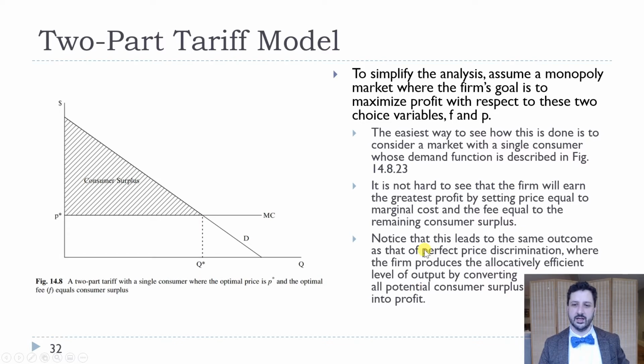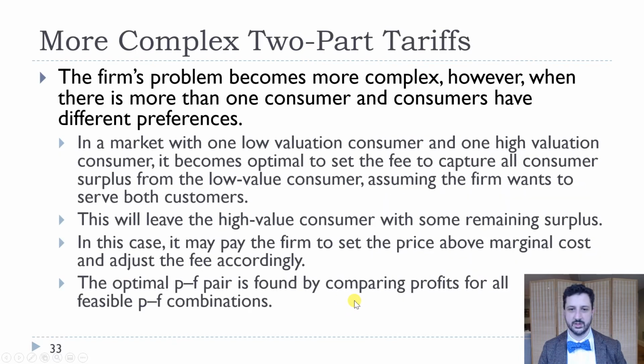And you can see that leads to the perfect competition or perfect price discrimination output. But of course, it would require that all consumers have the same demand curve, right? If all consumers have the same demand curve, then you can set price equal to marginal cost and the fee equal to the consumer surplus. That's not necessarily going to be the case.